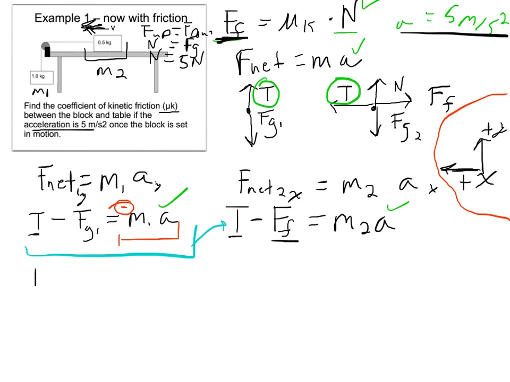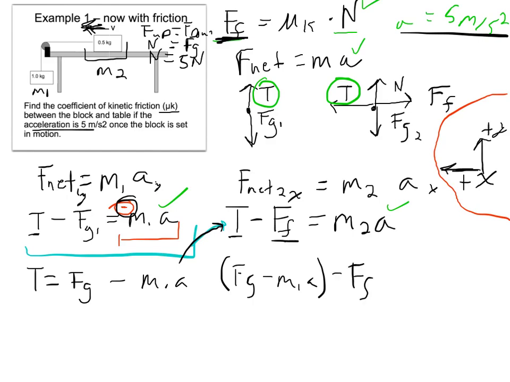Solving for tension, I add force of gravity to both sides. Tension equals Fg minus m1a, because we decided this term is negative due to the fact that the box is falling. Now I'll take that tension I just found and put it into the equation over here. Therefore, Fg minus m1a, which was just tension, minus the force of friction equals m2a.